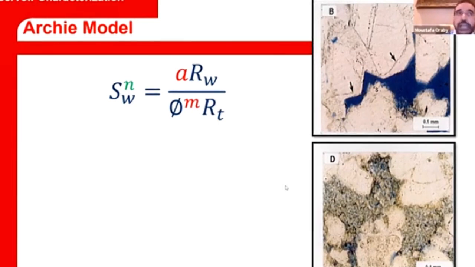If your clay volume is high, I can put a threshold for you to be safe, according to my experience in the industry. If your clay volume is less than 10%, use Archie, you will be okay. If it's more than 10%, don't ever use Archie. Your error will start to accumulate and it gets very high.